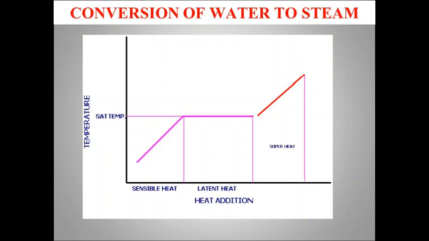The process of heat addition in the transformation from water to steam generally takes place in three phases. The first phase is the sensible heat gain, the second phase is latent heat gain, and the third phase is superheat gain.